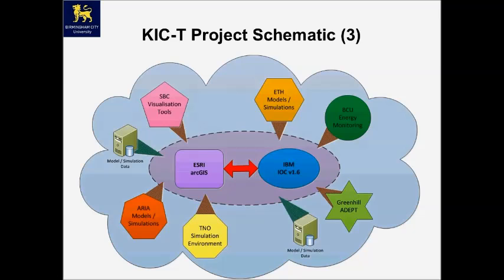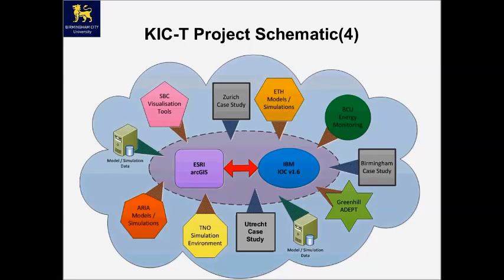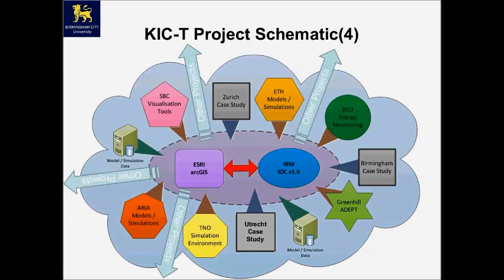The aim then is to be able to plug into the KIC-T architecture models and simulation data from various cities, to then be able to consume those results through the city case studies shown here by the 3 grey squares, but then also to connect to other projects that have been funded by the European Commission, either in the past or which may be funded in the future. And a really nice outcome would be a set of standards that future projects have to adopt in order to enable their reusability within the context of sustainable city planning.